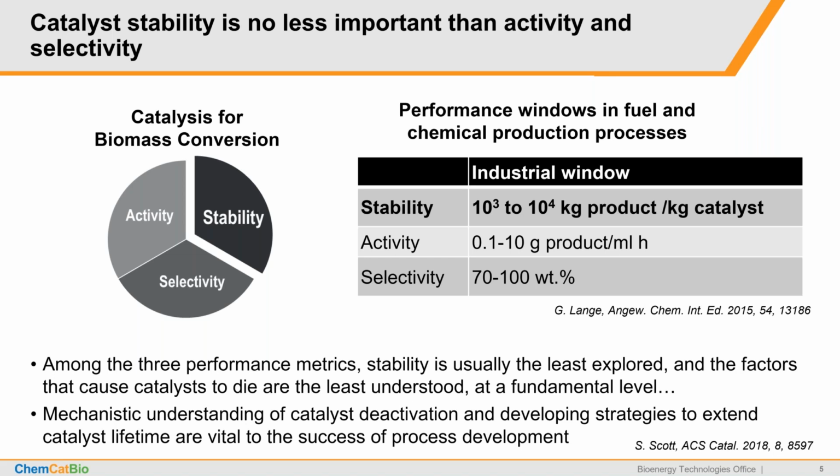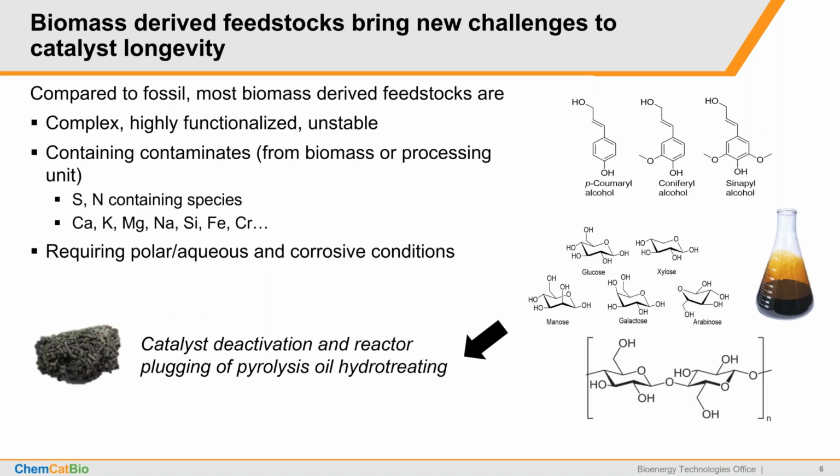Within our ChemCatBio consortium, we believe that understanding catalyst deactivation and developing strategies to extend catalyst lifetime are critical to the success of process development for biomass conversion. It's especially important for biomass-derived feedstock because it brings new challenges to this issue.